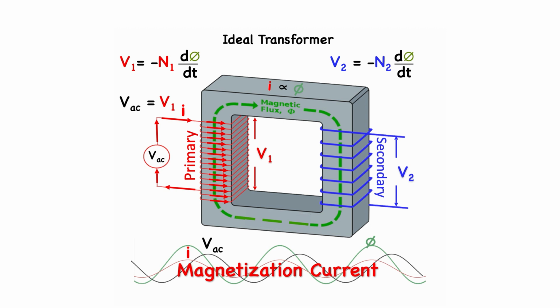That voltage is either larger or smaller than V1 depending on N1 and N2, the turns of the primary and secondary coils, but it is in phase with the applied voltage VAC.